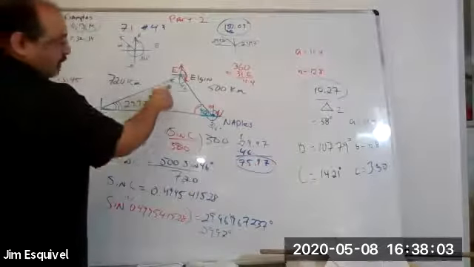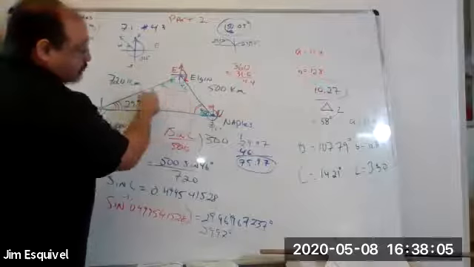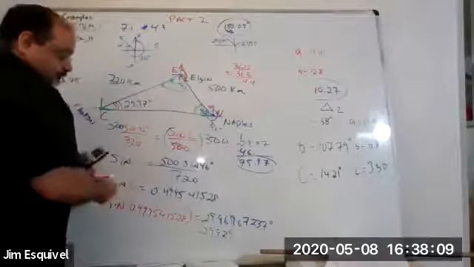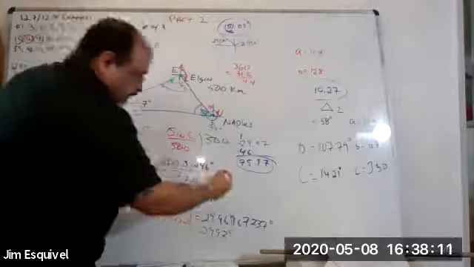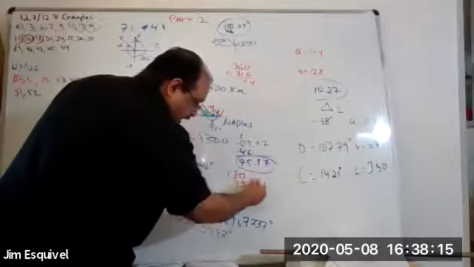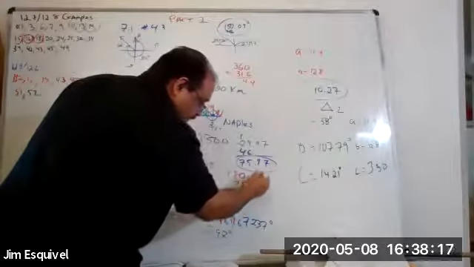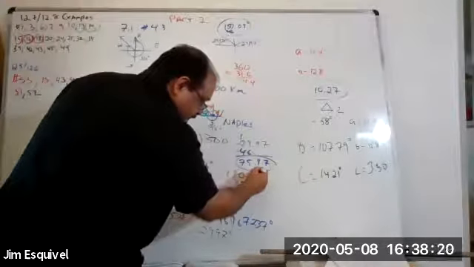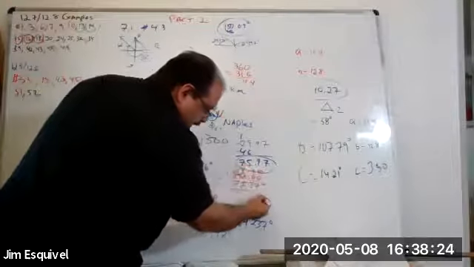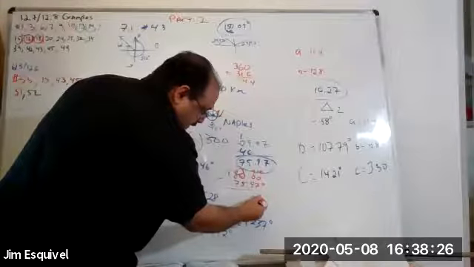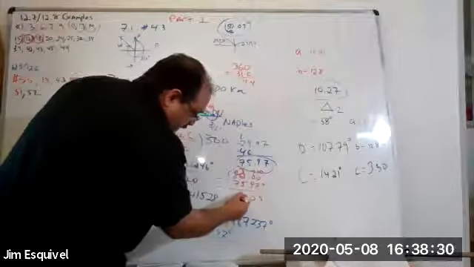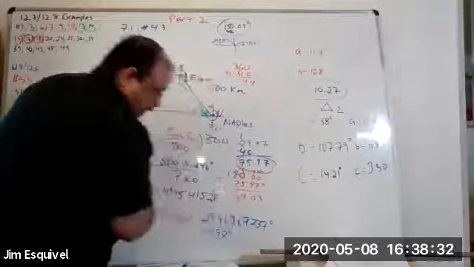So angle E, the angle in the triangle, not the answer yet, just the angle in the triangle. 180 minus 75.97 degrees is going to be a 3, a 0, a 4, and that's going to be a 104.